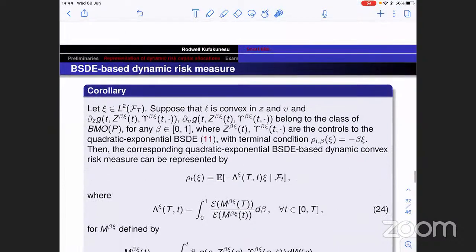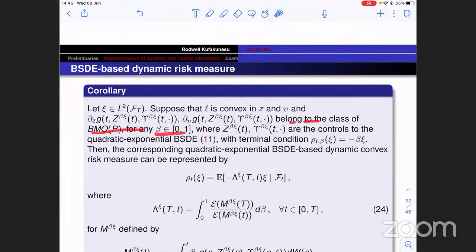And there's a corollary to this result, which says let our terminal process be in L2. Suppose L is convex in Z and V, then we can belong to a class of BMO.